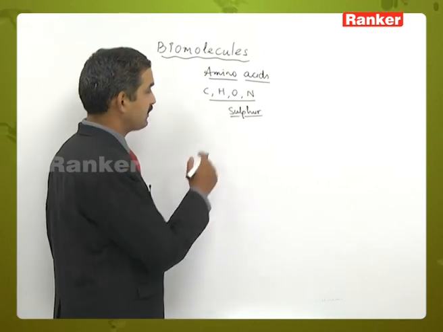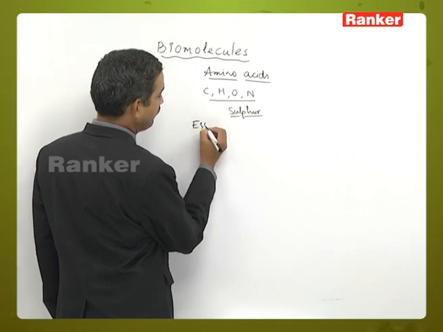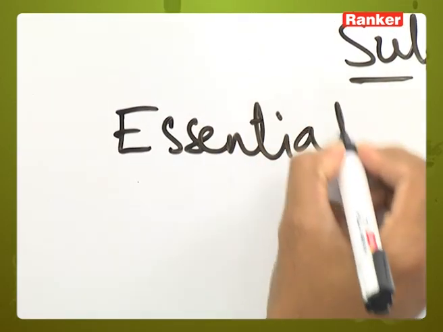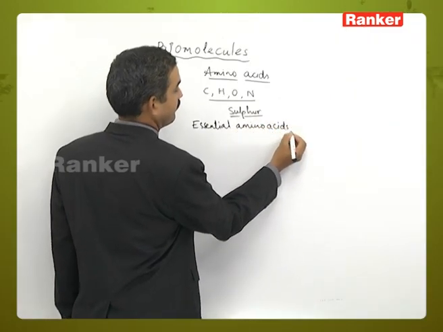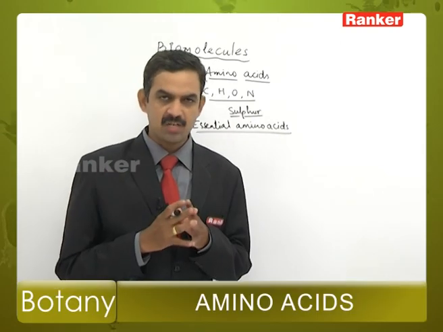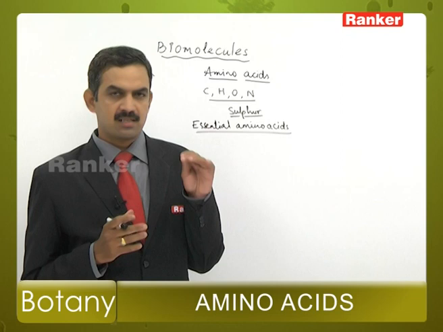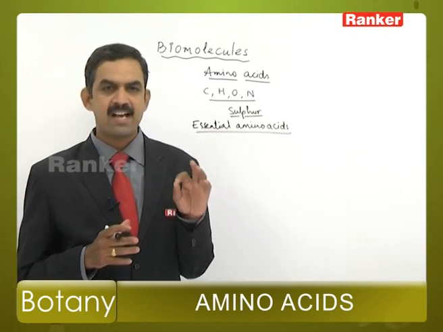Apart from this, there are some amino acids which are considered essential amino acids and non-essential amino acids. Before going to this, there are some amino acids which are synthesized by the plants directly.